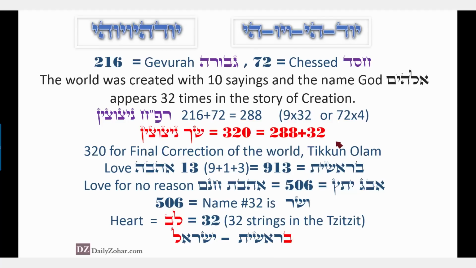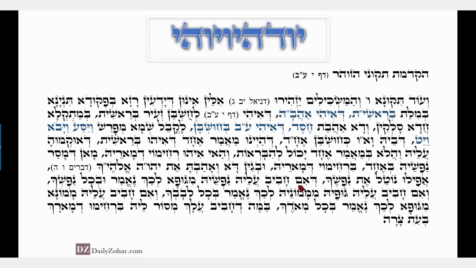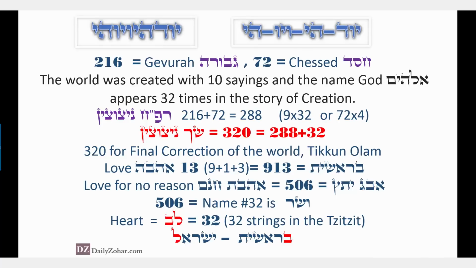Now, the Zohar also explains to us, I'll show it a little later, we'll get to it. The word Bereshit has a numerical value of 913, and the small gematria, 9 plus 1 plus 3, is 13, which means love.